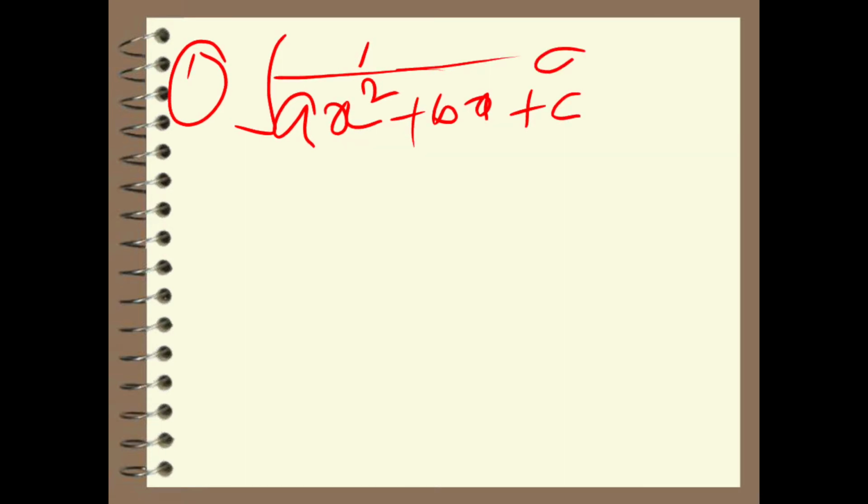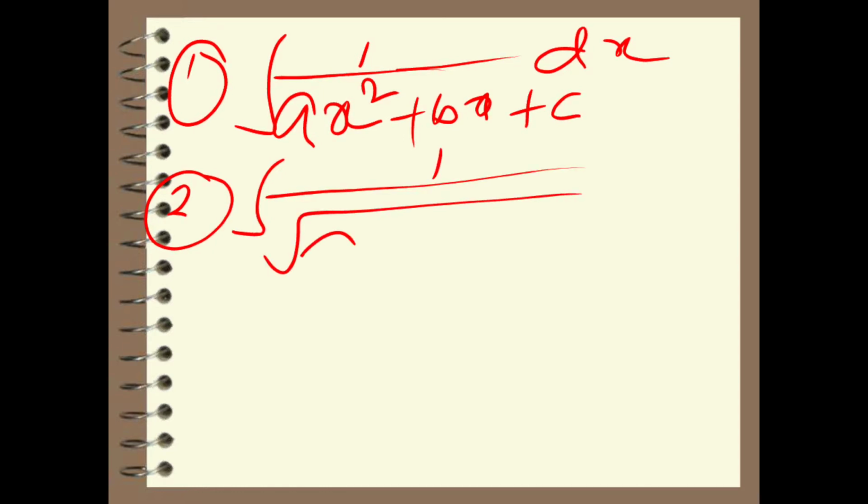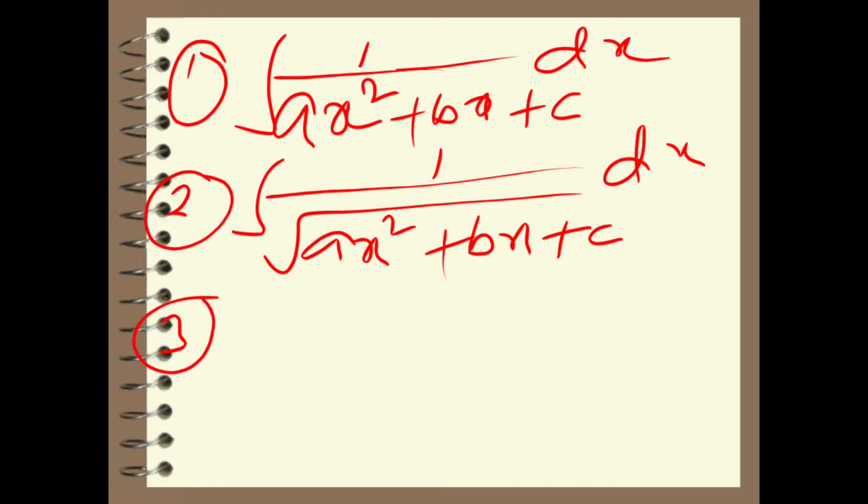Yes students, first type is 1 by ax square plus bx plus c into dx. Second, 1 by root ax square plus bx plus c into dx.